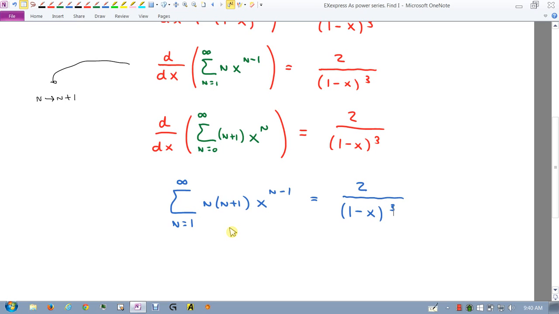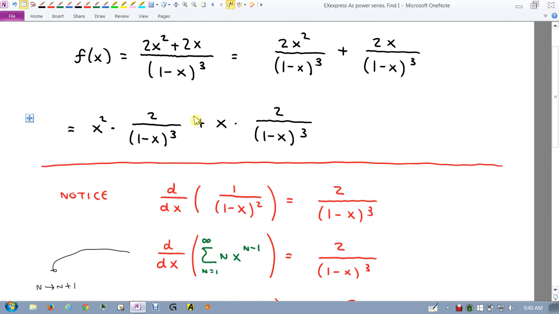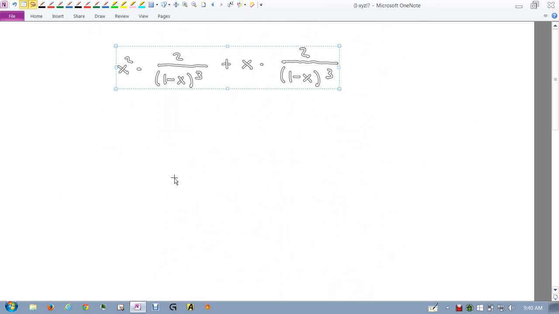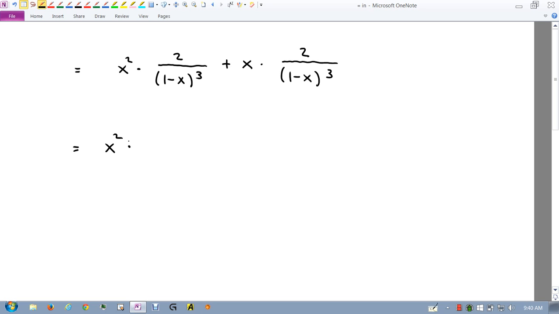All right. At this point, I'm ready to go back up to this now. I'm ready to rewrite this line. I'm going to grab this line, and I think I'll start it on a new page. So I'm continuing now. This should be equal to x squared times, what was this series here?